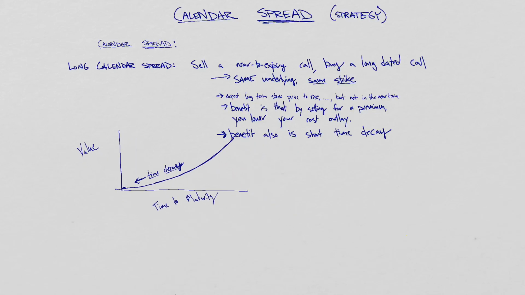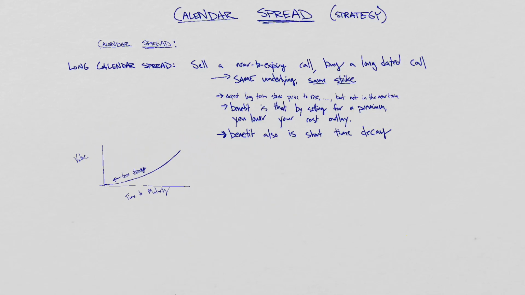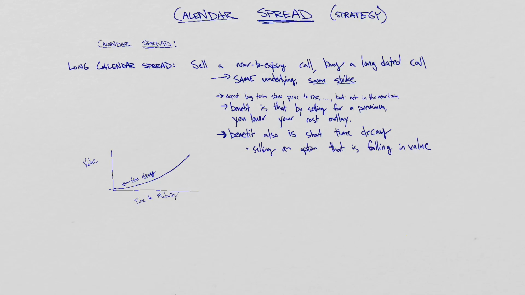And so what's happening is that you're selling an option that is falling in value at a faster rate than the longer dated call option that you bought. And so it's kind of like a tailwind to this long calendar spread strategy. So there are two benefits to a long calendar spread, reasons why you might want to do that.